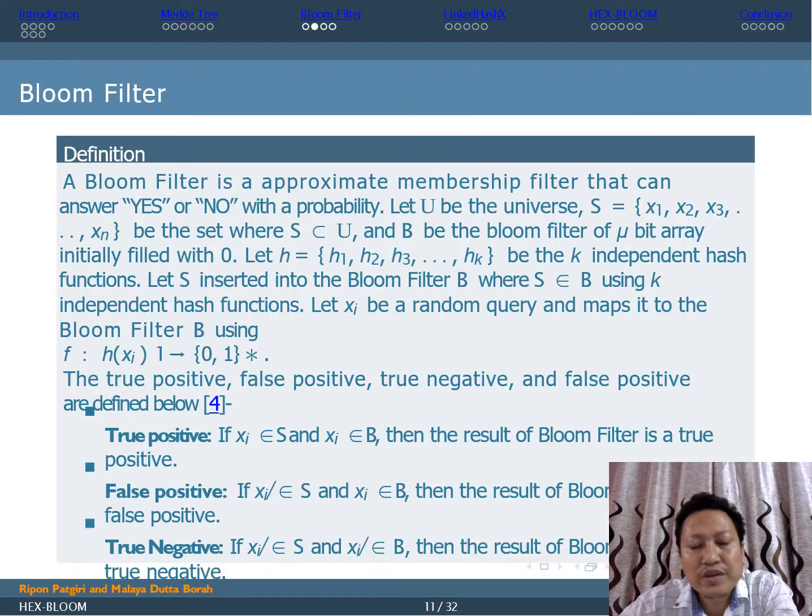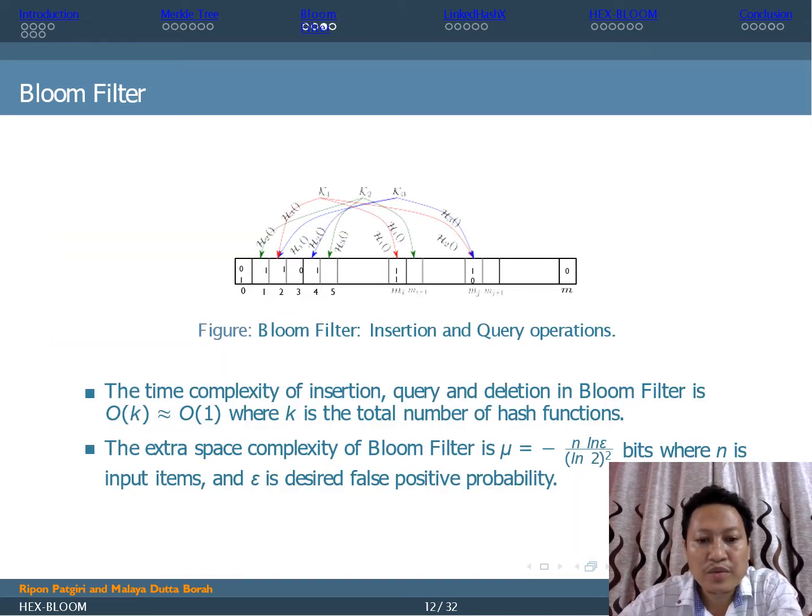Bloom filter is an approximate membership filter and it can answer yes or no, and that answer can be either a false positive, true positive or true negative. The time complexity of insertion, query and deletion in a Bloom filter is O(k), which is approximately O(1) because k is approximately 10, 12, max 20.